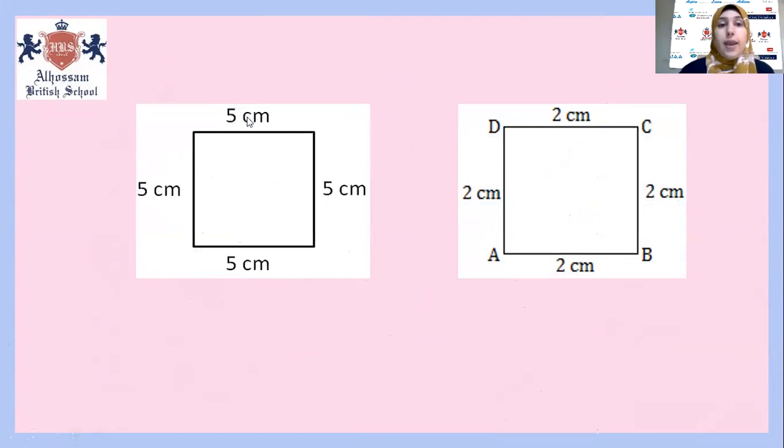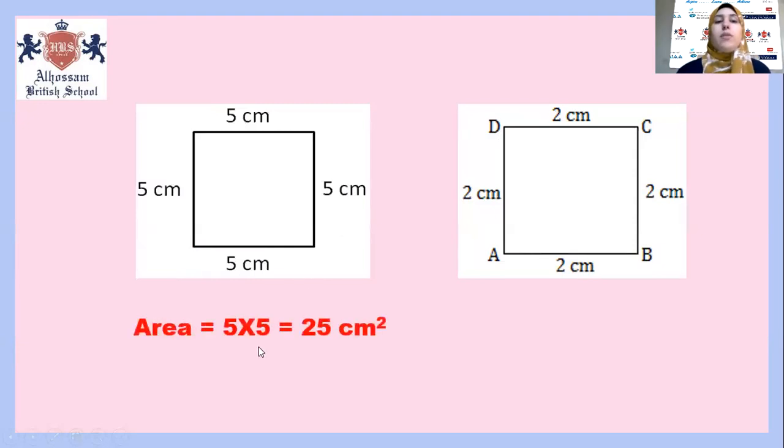Let's get the area of the first one. 5 multiplied by 5. And then what about the unit? It's squared. It's not a normal centimeter.